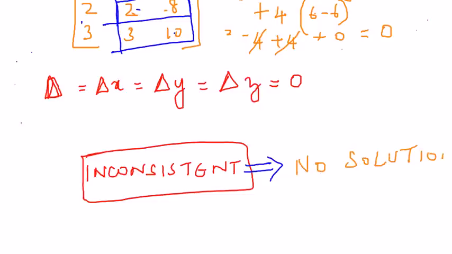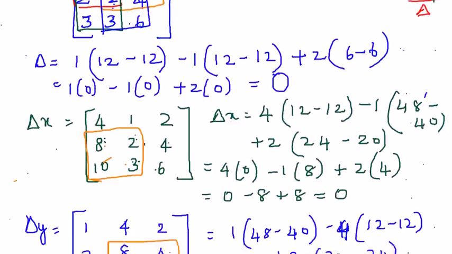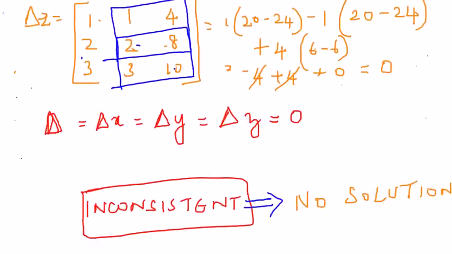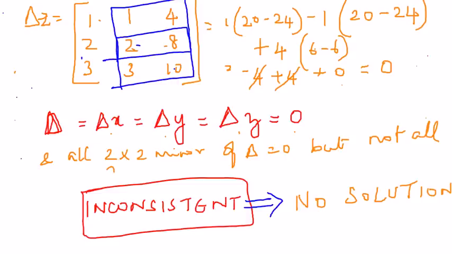It is not only important to write del x, del y, del z, but also the reason. We can say that del equal to del x equal to del y equal to del z equal to 0, and all 2 cross 2 minor matrices of del are equal to 0, but not all 2 cross 2 minors of del x, del y and del z are equal to 0.